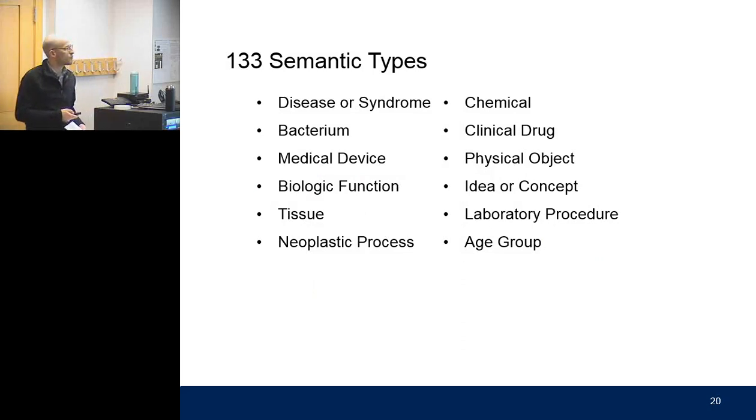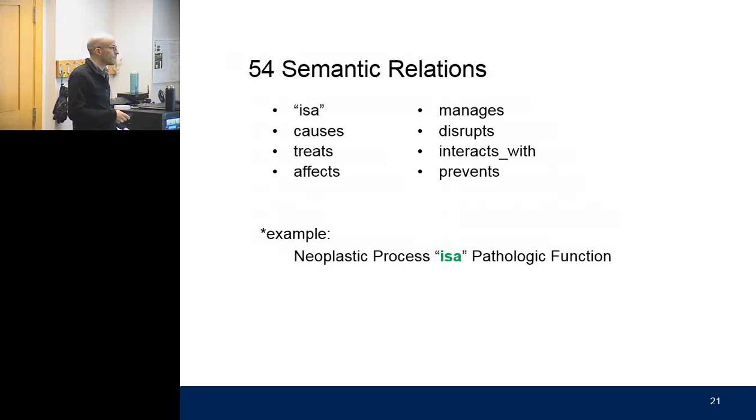There are 133 semantic types. These are entry points into the UMLS where terms are classed together by different meanings and categories. So using these semantic types in an application would allow you to, for example, pull all of the terms in the UMLS that are related to medical devices, access all the terms that are related to ideas or concepts, all terms that are neoplastic processes, etc.